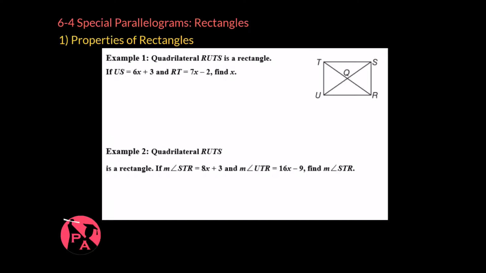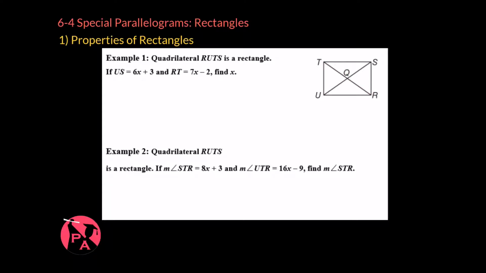Here we have two examples about rectangles. Let's read the questions. Quadrilateral RUTS is a rectangle. The length of US is 6x plus 3. US is one of the diagonals. The other one is RT, that's the other diagonal, is 7x minus 2.